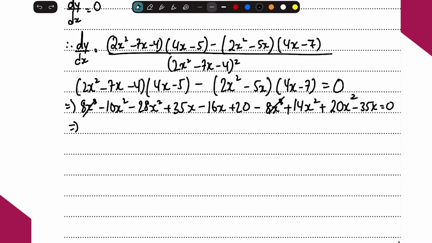So you've got 10 minus 28. Then we're having plus 14. Plus 14. Then you've got a minus 20 squared, that's going to turn into plus 20. Minus 35. I hope my calculation's correct.